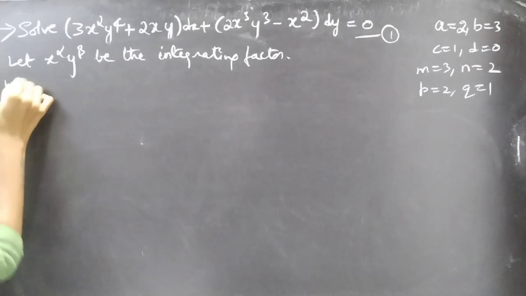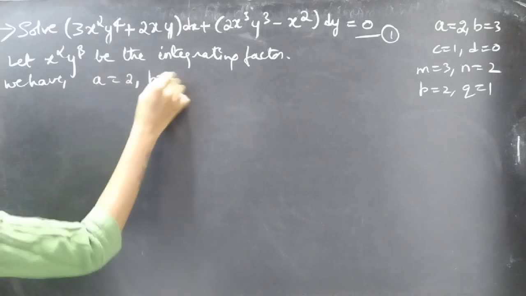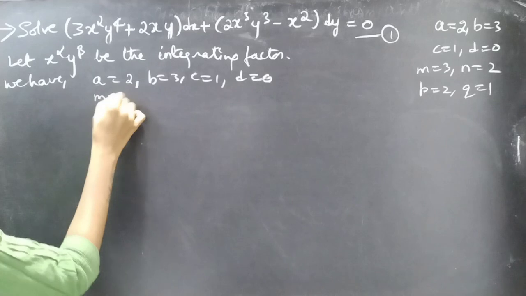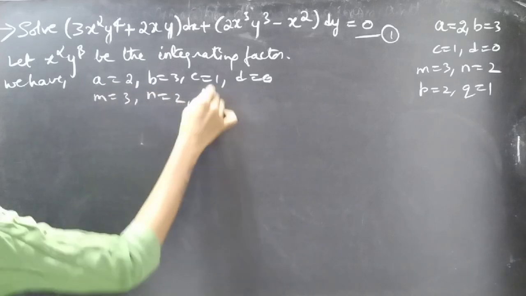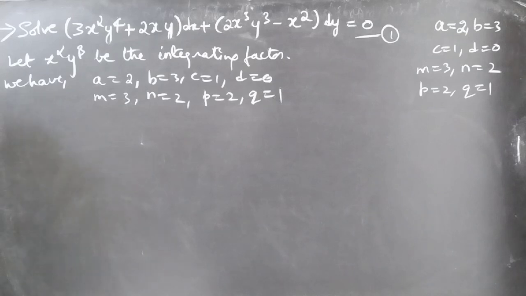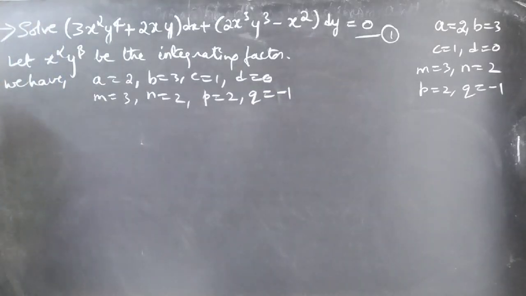We have a equal to 2, b equal to 3, c equal to 1, d equal to 0 and m equal to 3, n equal to 2, p equal to 2, q equal to 1, right? See, q equal to minus 1, not 1, sorry, it's minus 1.